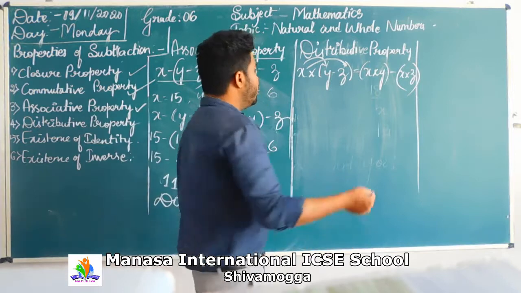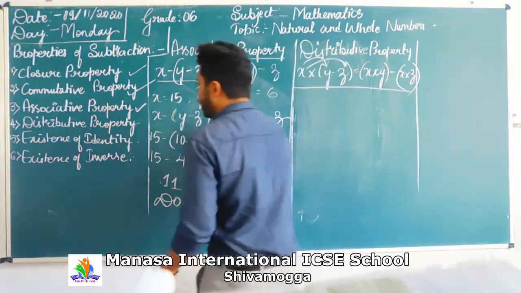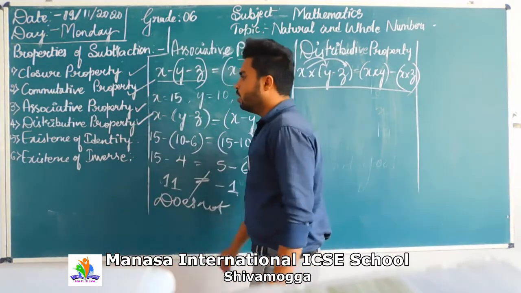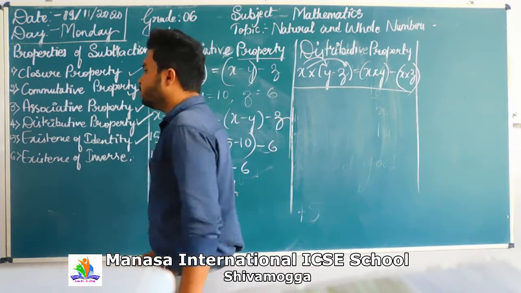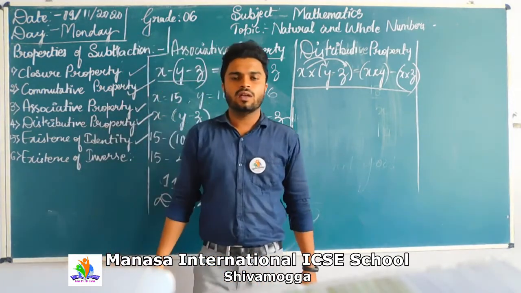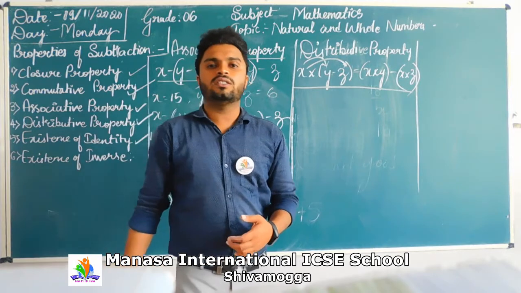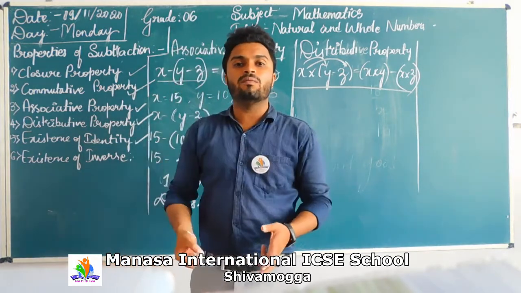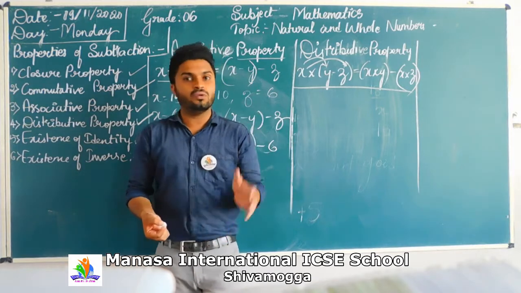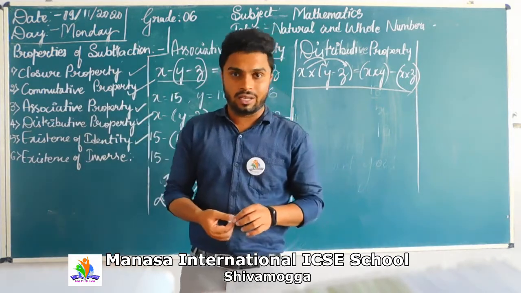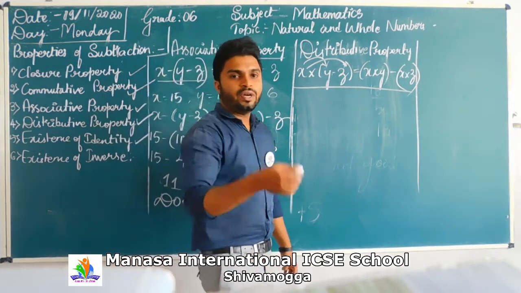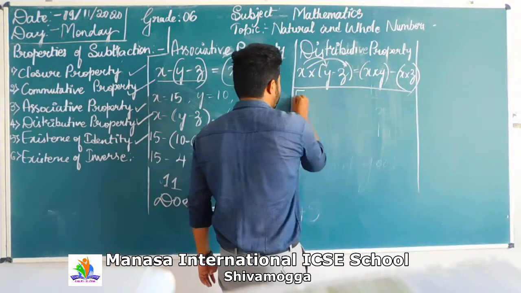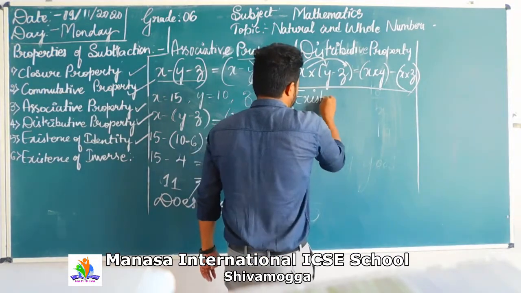Done. We have solved distributive property. Next property is existence of identity. Existence of identity in the sense, when we add 0 to any number, you need to get the same number. You should not get any other number there.